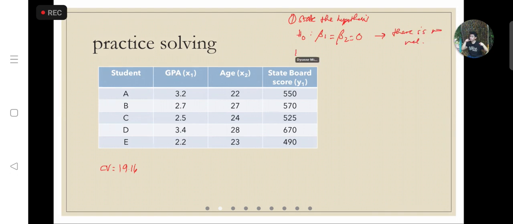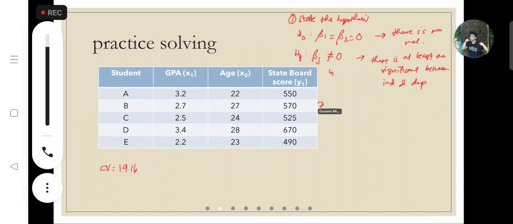Our alternative hypothesis is that at least one coefficient is not equal to 0, or there is at least one significant relationship between the dependent and the independent variable.